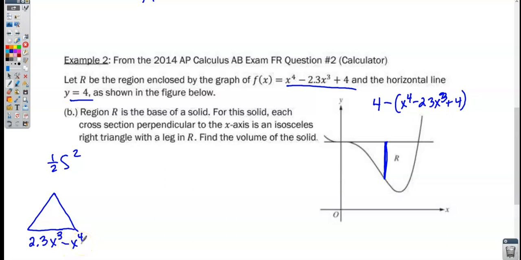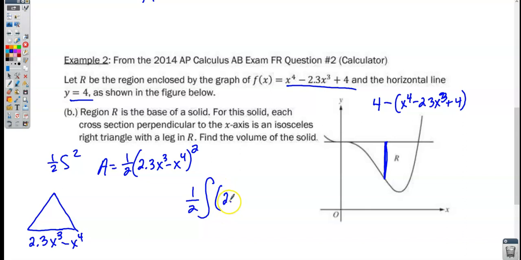And therefore, my sample area is 1/2 times 2.3 x cubed minus x to the 4th, quantity squared.